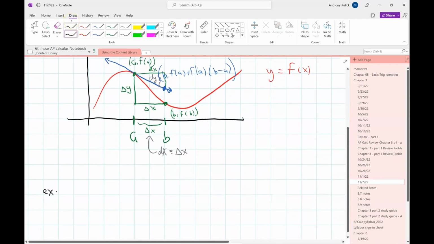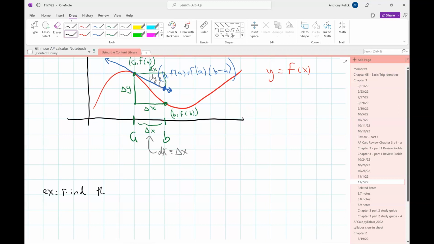So let's run through a couple of examples, similar to things you'll do in your homework. So find the linearization of f of x equals the square root of x plus 3 at x equals 1.